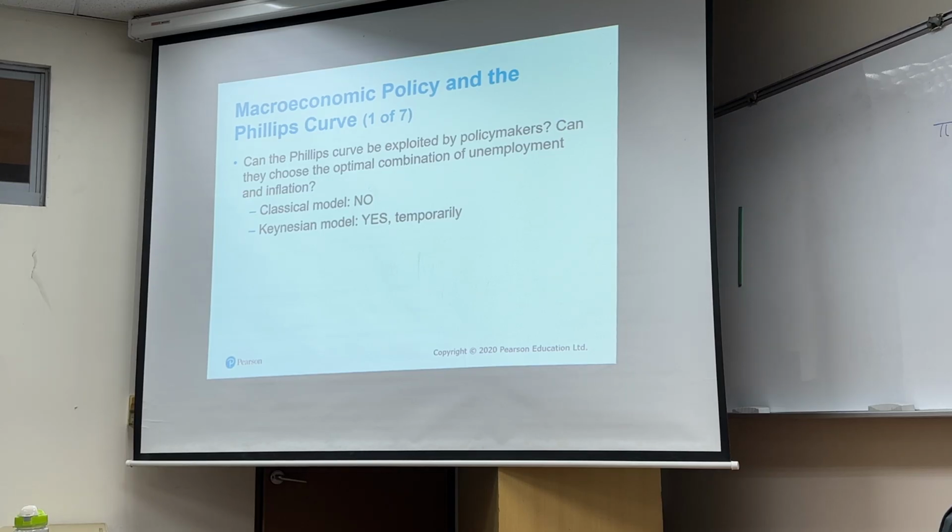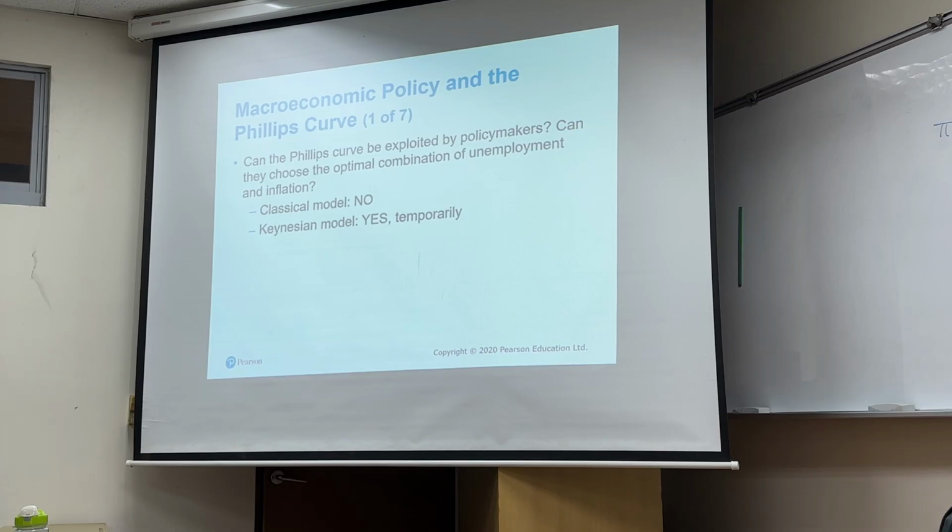Okay, so the question: can the Phillips curve be exploited by policymakers? Meaning, is there any room to use policy to change inflation or to affect unemployment? For the classical model, the answer is no, because you just let the market work.